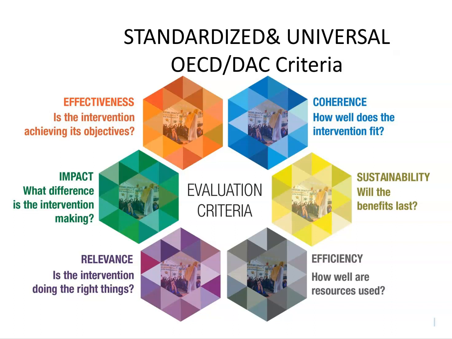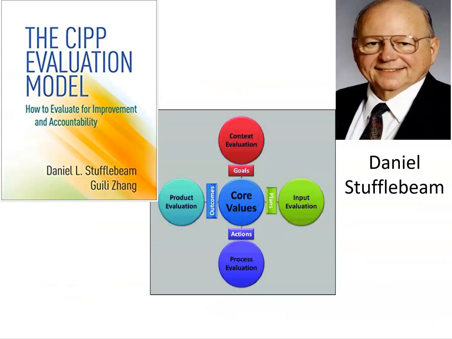Although the critique of that thinking is that effectiveness, impact, relevance, efficiency are in fact industrial age criteria. They come out of the military and the industrial mindset. And so even there is an implicit infusion of a certain value framework and paradigm.